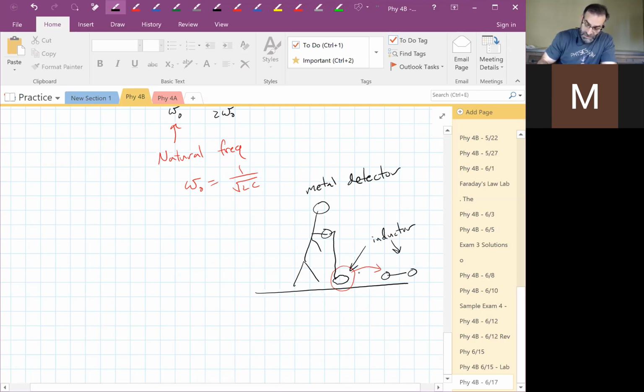As you drive it, it generates a magnetic field that looks like this at one instant, and then it's changing. So if you have a chunk of metal underneath here, the domain alignment there would have to be close enough that the magnetic field from the piece of metal influences the loop. It has to be close enough that it influences the loop.